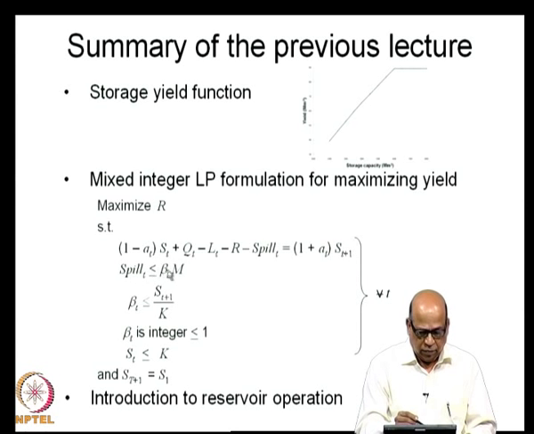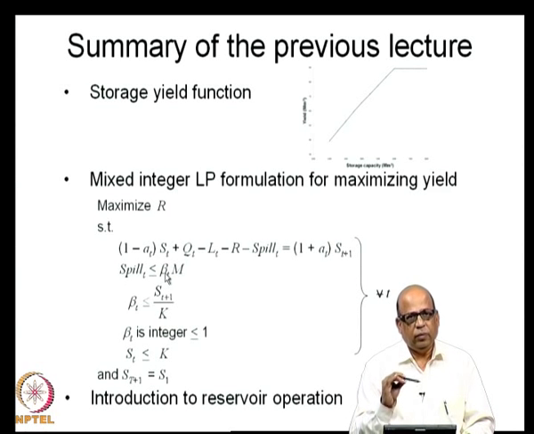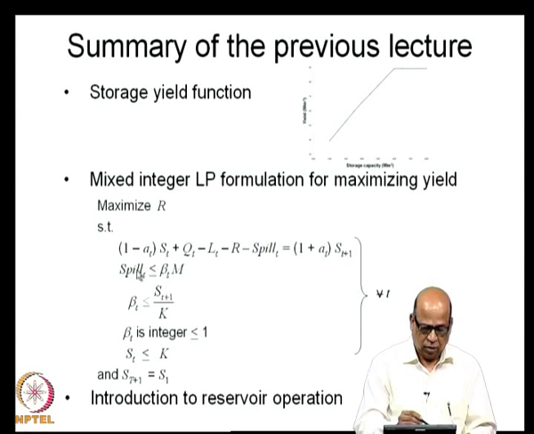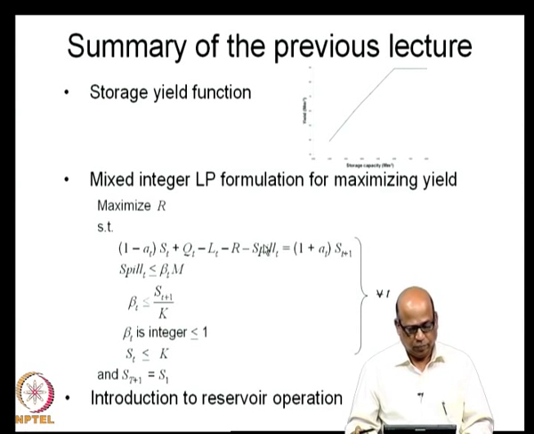Now, when beta_t is 0, which means that the storage is less than the capacity, you do not want any spill there. When beta_t is 0, by virtue of this condition, spill_t is less than or equal to beta_t times M, so spill_t has to be equal to 0. And beta_t is 0 only when storage is less than the capacity, and therefore you make sure that spill is 0.